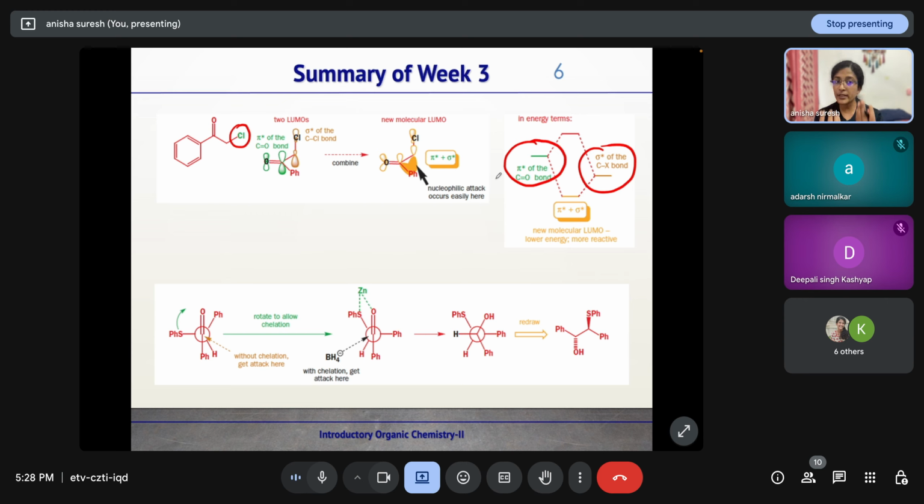But here, why is the SN2 attack not taking place? Because here the pi star of CO bond and the sigma star of CX bond can overlap, leading to formation of a new molecular LUMO, which is lower in energy. So then the nucleophile can come and attack on the carbonyl carbon, and it will result in the formation of the nucleophilic addition product. Yes, ma'am. Okay.